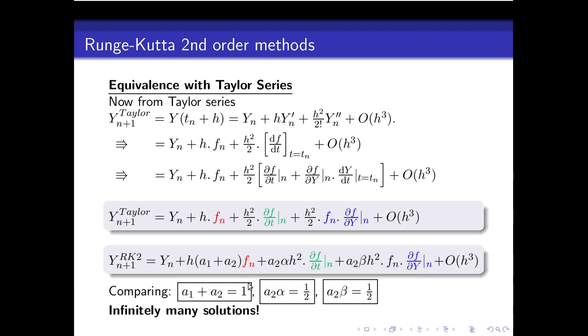But any way you choose, you just have to maintain these three conditions. Why do you need to maintain these conditions? To be consistent with the Taylor series expansions. If you do not maintain these conditions, your formula will not be consistent with the Taylor series expansions.